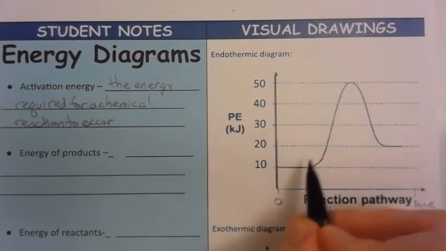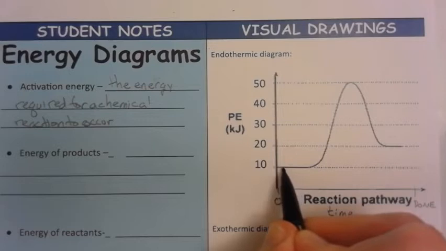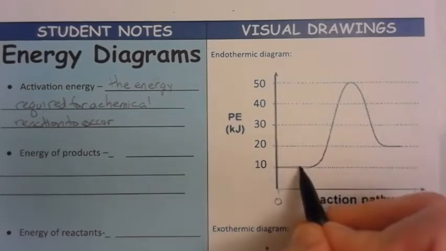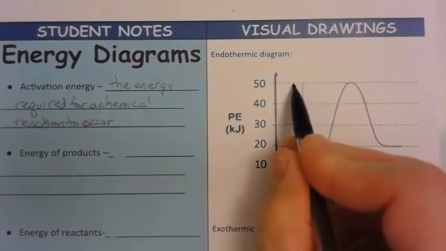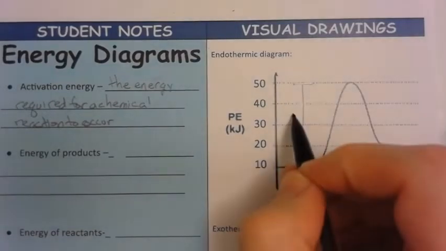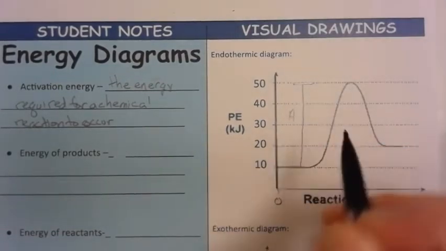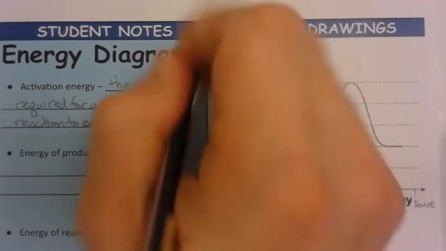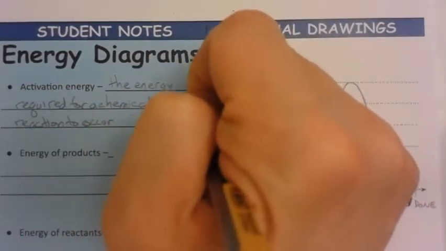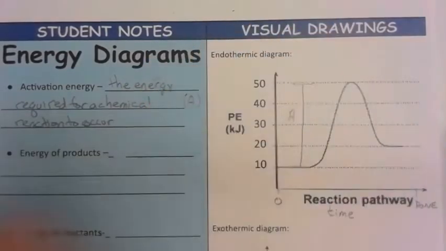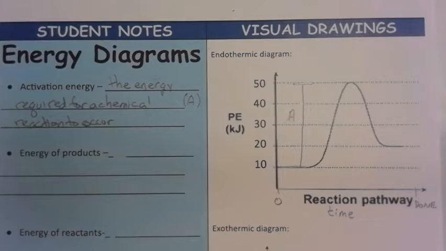So when we talk about the increase in energy from this point up to here, if we label this as A, our activation energy, A is always the energy required to get to the top of that peak, what we call an activated complex.